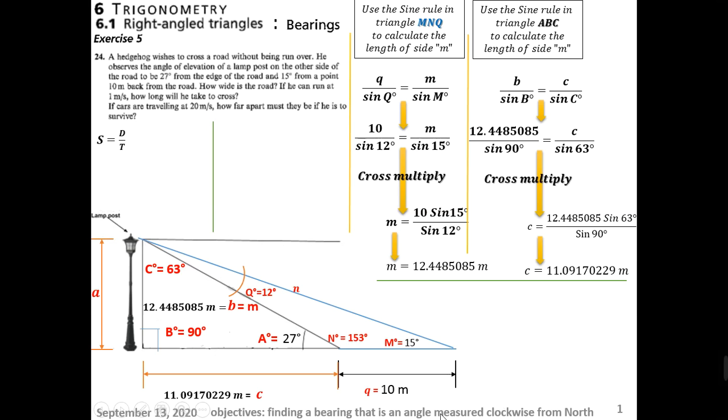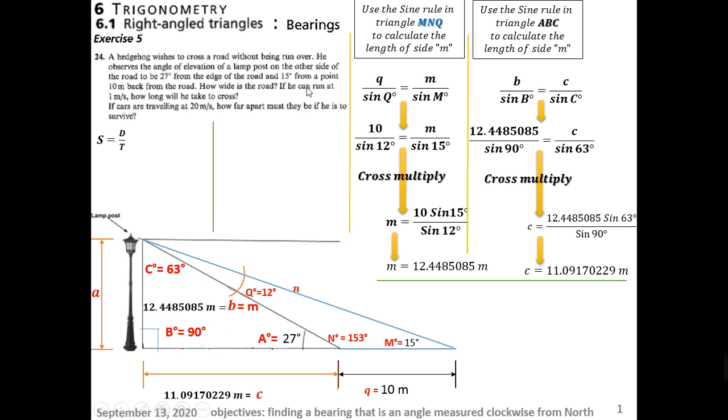Now, if we read the question once again, here they asked how wide is the road. So this is the width of the road, which is C. So it's 11.1, right? How wide is the road? And then let's carry on.